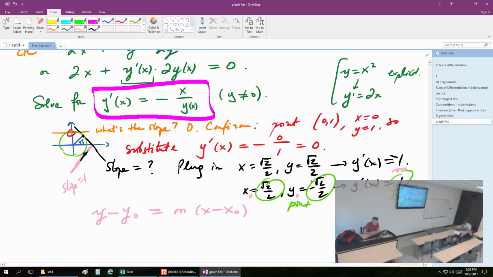So then it will be y plus square root of 2 over 2 is equal to 1 times x minus square root of 2 over 2. So that's the tangent line. Can you read it? Okay, that's not a good color. Too pink. So that's how it works pretty much every time.